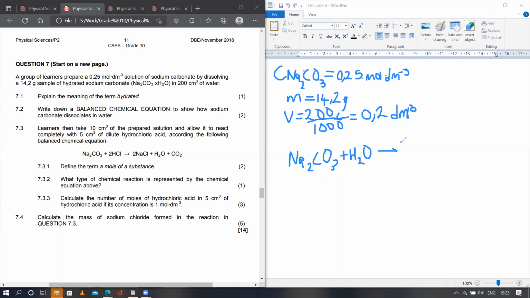Then you're gonna have 2Na plus, because sodium has an oxidation state of 1 plus, but it's gonna be 2 to balance this side. Then you're gonna have CO3 2 minus.